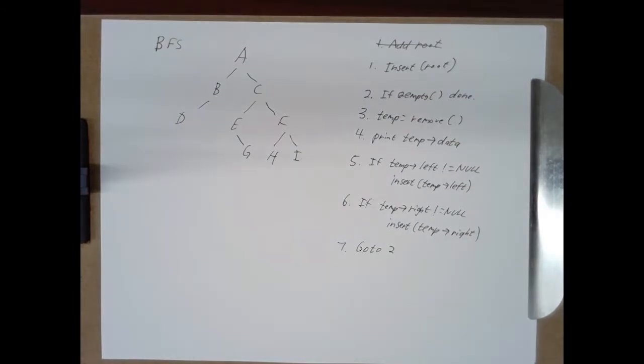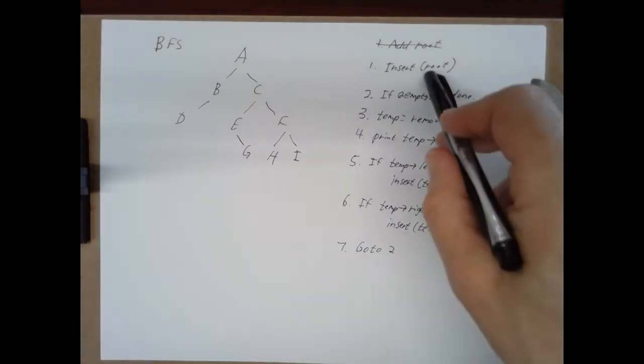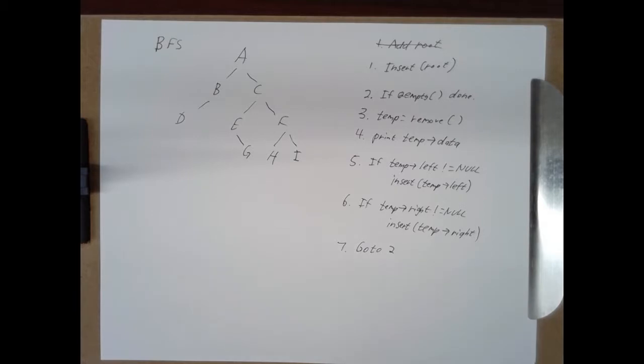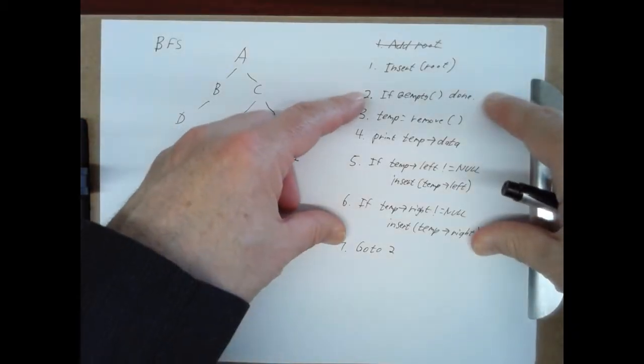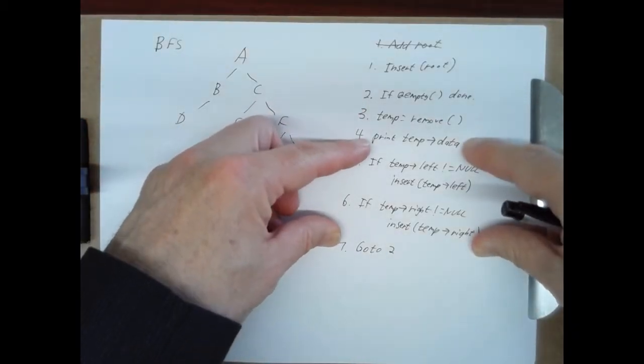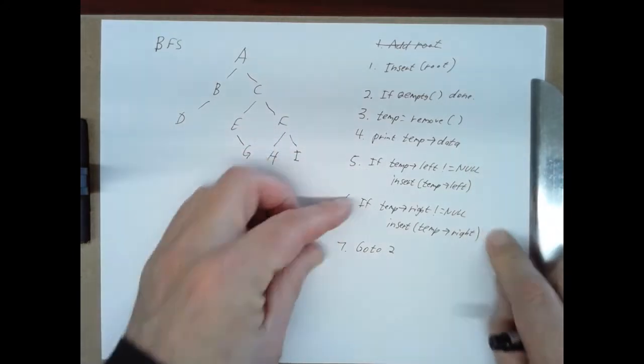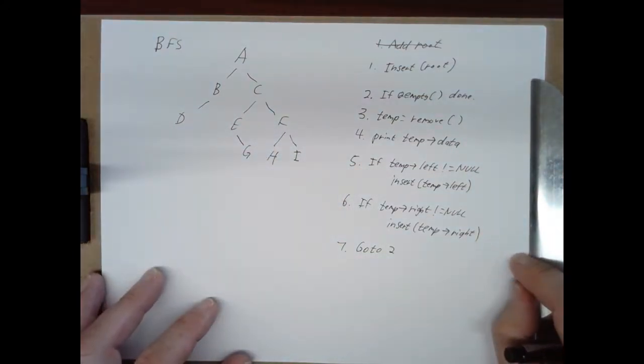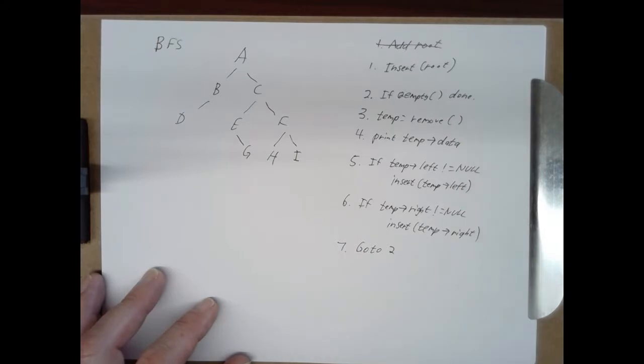And there's the evil goto statement. Go back to step 2. So put this in a while loop. Start the whole process by inserting the root into the queue, and then we just loop on this until the queue is empty. Remove the head of the queue, print out its data, push its left and right children into the queue if they're not null, and go to the top and just keep doing this.